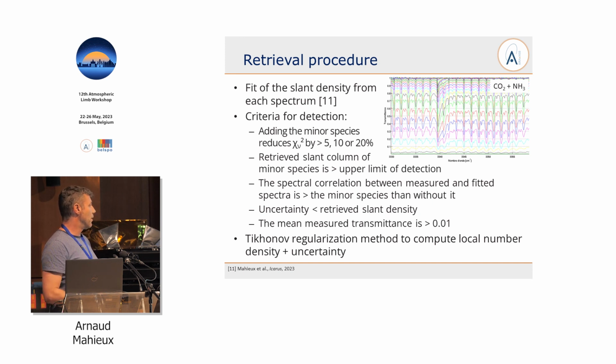We check that the correlation between the fit considering both species is larger than considering only CO2, and also that the uncertainty is smaller than the retrieved slant density. We're only considering transmittances larger than 0.1, so all the ones here above. And in case we have more than one detection during an occultation, we use a Tikhonov regularization method to compute the local number density and its uncertainty.